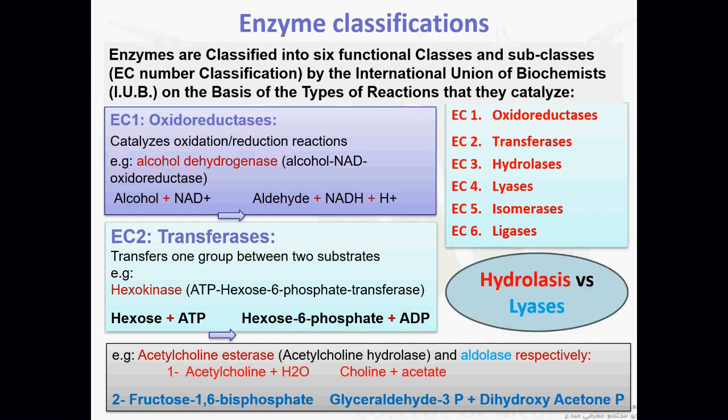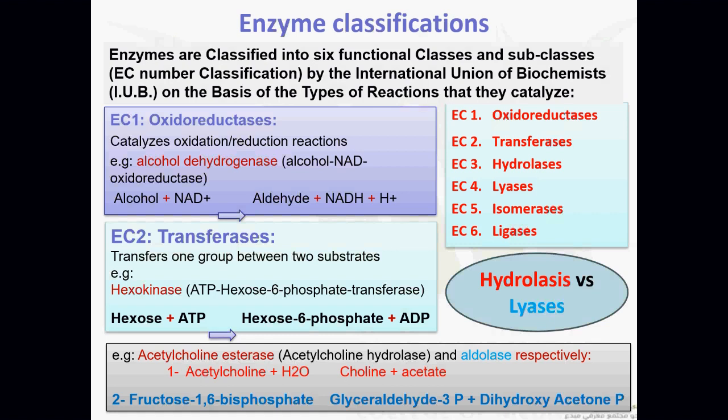So acetylcholine is an ester. The acetylcholinesterase is the enzyme which will split the acetylcholine by the addition of water into the choline molecule and the acetate molecule. So cutting this ester bond by addition of water is activated by the hydrolase enzyme, the acetylcholinesterase.